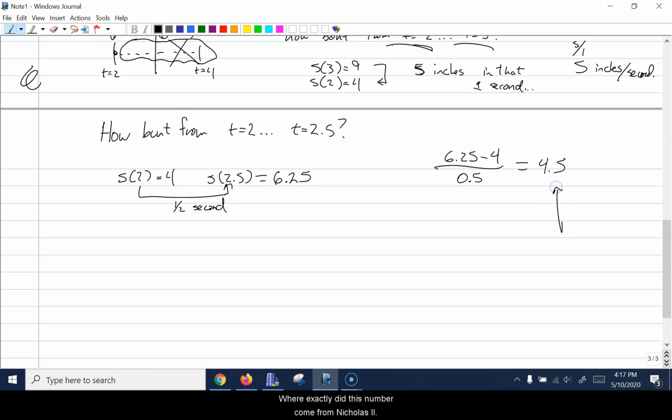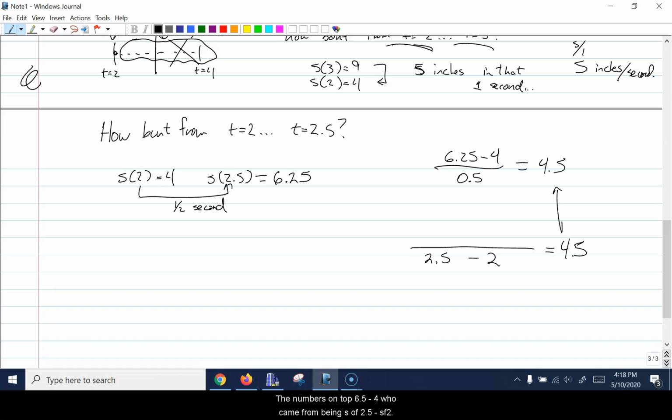Where exactly did this number come from? Let's take a second to notice our formula that we're plugging this into. That 4.5 came from a fraction. The fraction is going to be called a difference quotient. It's called a difference quotient because it's a quotient of differences. That 0.5 on bottom was from being 2.5 minus 2.